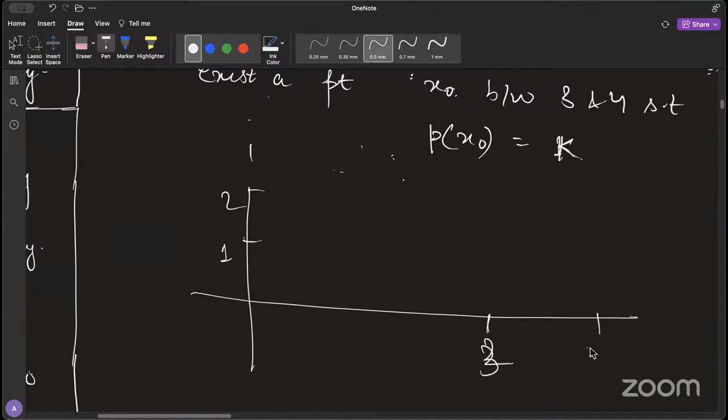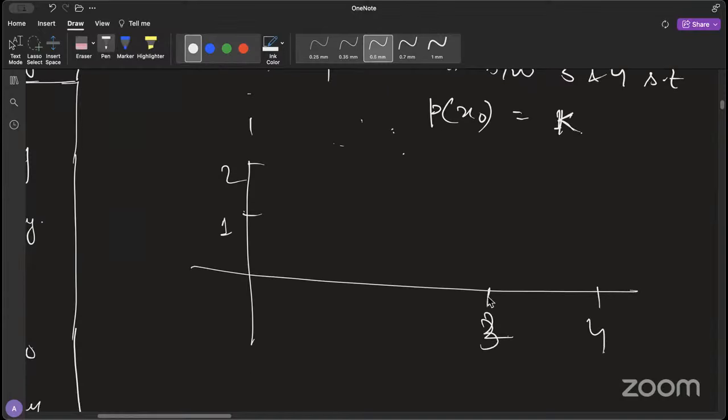And 3 and 4 is here. So if I take any number between 1 and 2, this is from the range, this is from the domain. So if we take any number between 1 and 2, we should get a number between 3 and 4 such that the polynomial's value at that point.